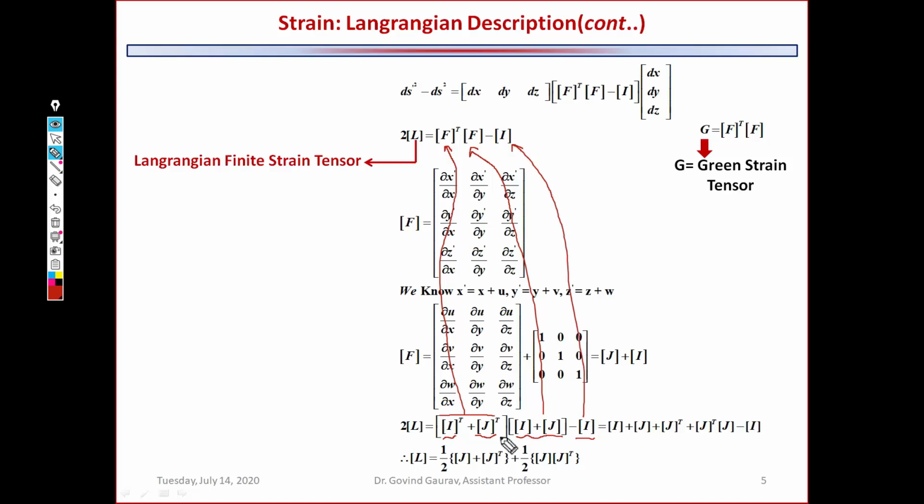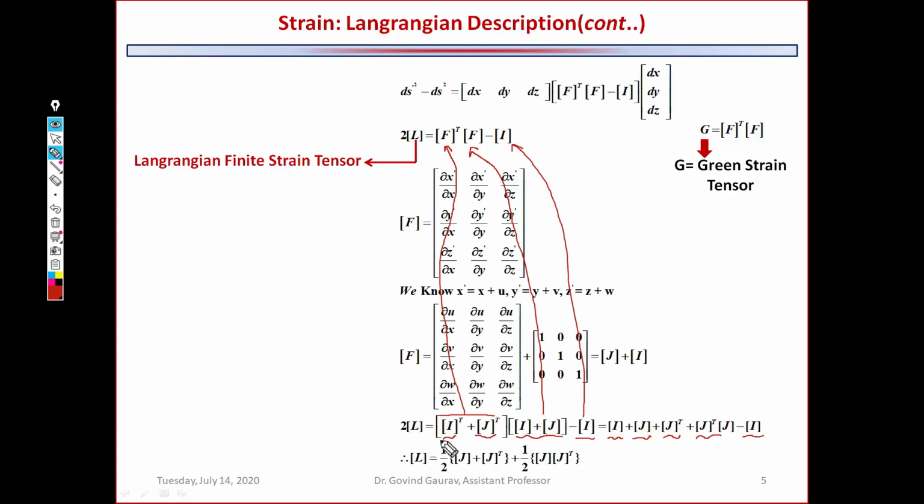Now we will multiply these terms and rearrange them. Finally we will get I plus J plus J transpose plus J transpose J minus the identity matrix.